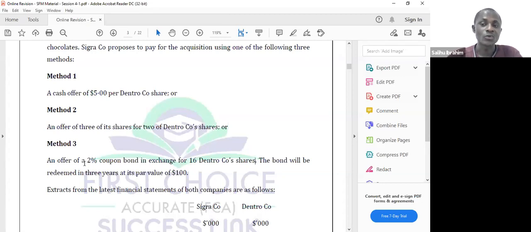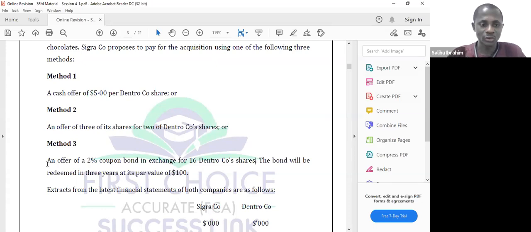My colleague has already taught you bonds valuation. He has let you know that to get the market price of bonds, you compute the interest on the bond and discount it using the cost of the bond, and you also discount the redemption value using the cost of the bond, right?